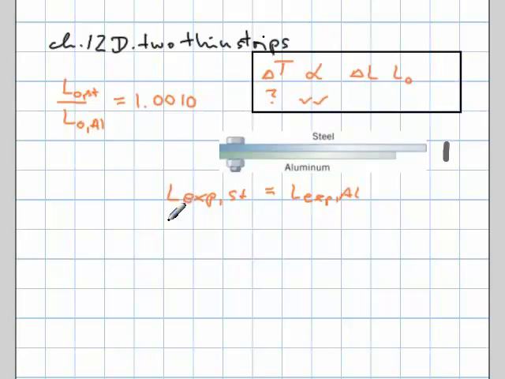The expanded length of the steel would be the original length of the steel plus the increase in length of the steel, and the expanded length of the aluminum would be the original length of the aluminum plus the delta L of the aluminum.